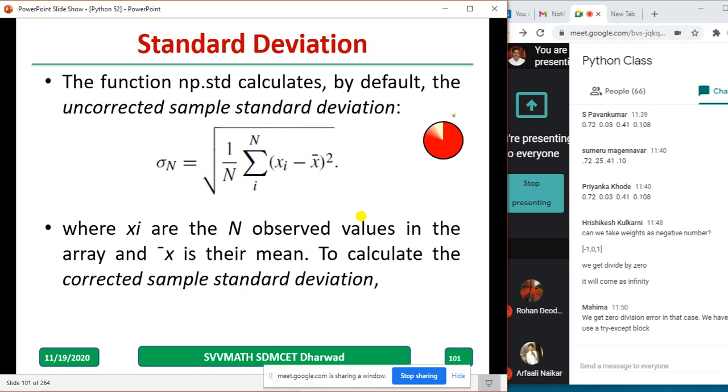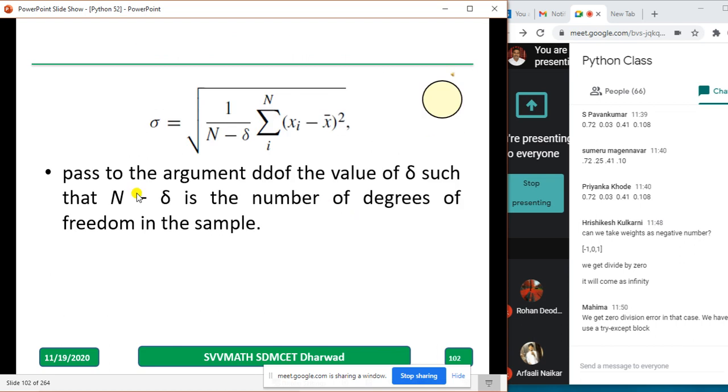So let me show you another equation. This is another parameter, ddof, the value of delta such that n minus delta is the number of degrees of freedom in the sample. Anyway, we are not going to make use of these equations, but directly we can use a function to find out an answer or a result. I'll show you the code, I'll show you the result also.